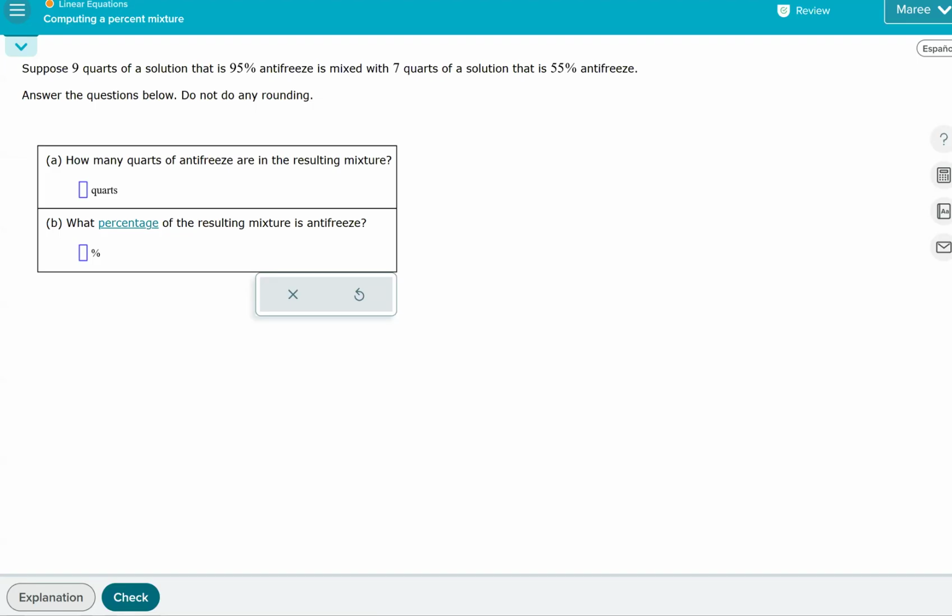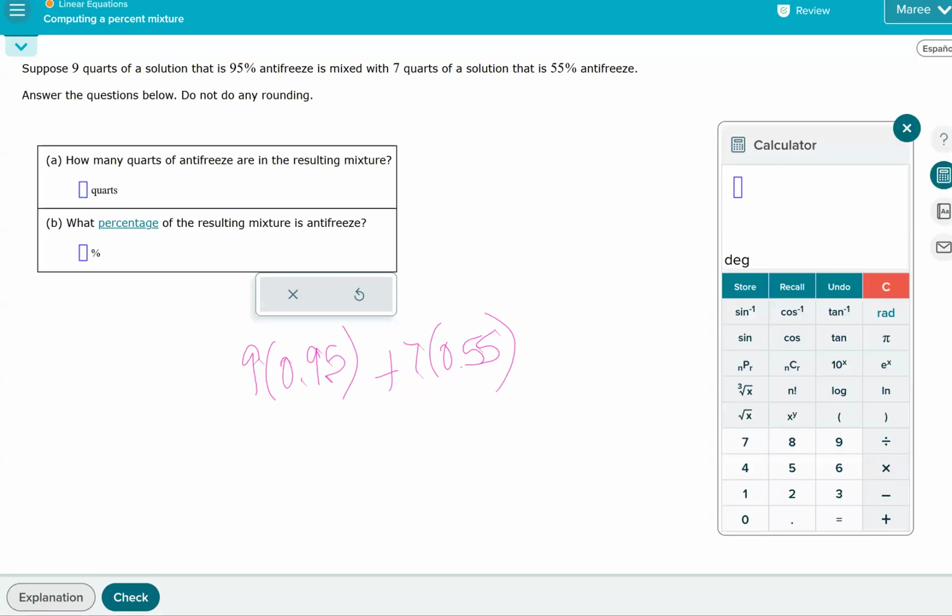So we're going to do the same thing where we do 9 times 0.95. And then we're going to add 7 times 0.55. And then when we're done adding those together, that will be our answer for the first one. And then the answer to the second one is we will divide that by the total number of quarts. So we have 9 times 0.95 plus 7 times 0.55.